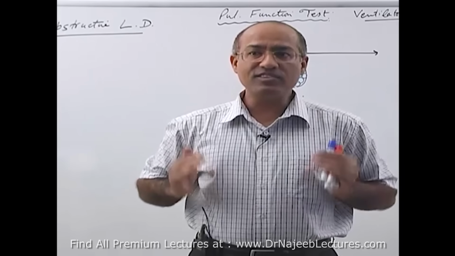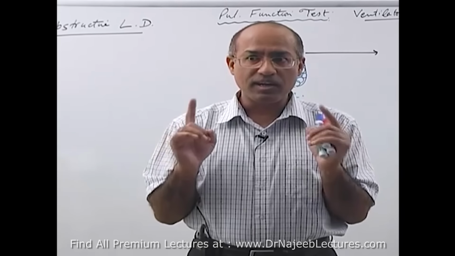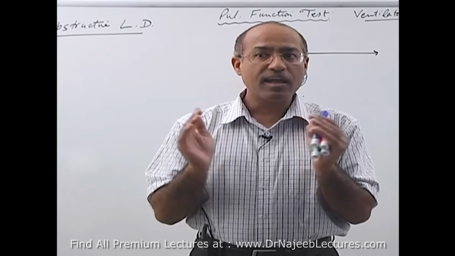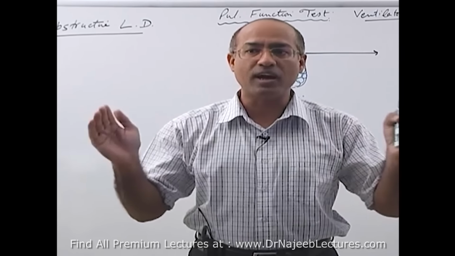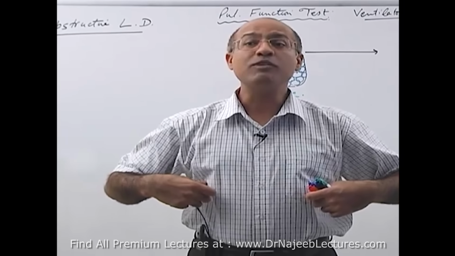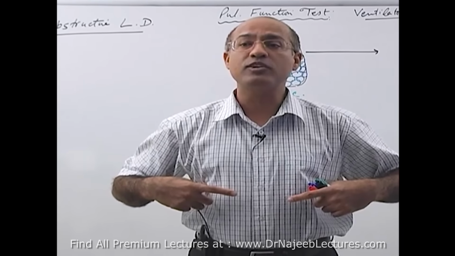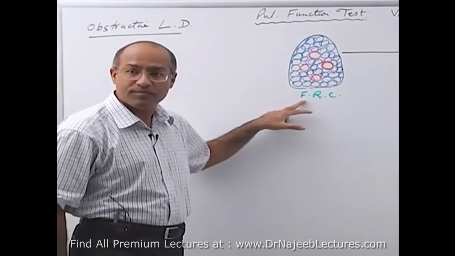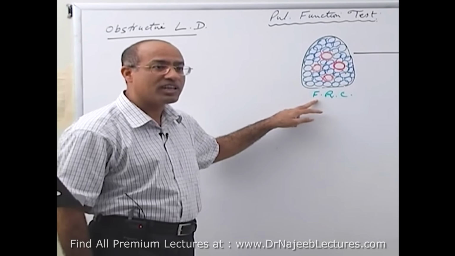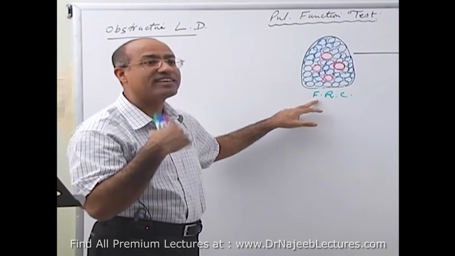Whenever lungs' tendency to recoil and chest wall's tendency to spring out become absolutely equal and opposite, that is an equilibrium point, and lung is said to be at which status? Functional residual capacity. After that, with little effort, you will do inspiration and tidal volume.